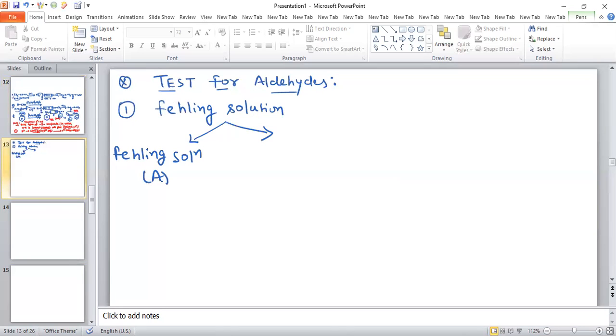This Fehling's solution A is basically an aqueous solution of copper sulfate.